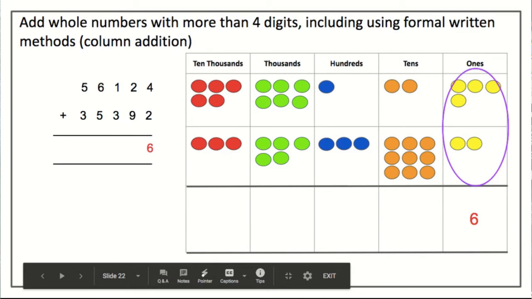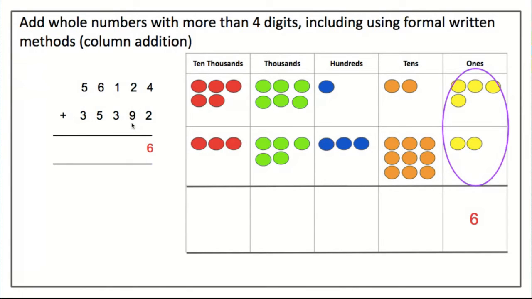Moving on to the next column, which is the tens. After they have been grouped together and counted, we realise that it makes 11. We can only put 1 digit, however, into each column, so this is where we regroup again.